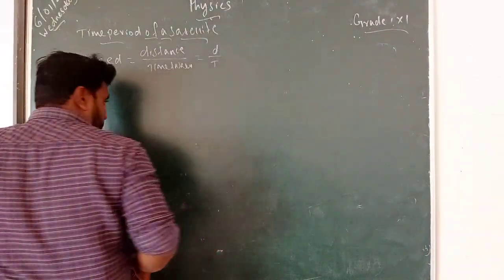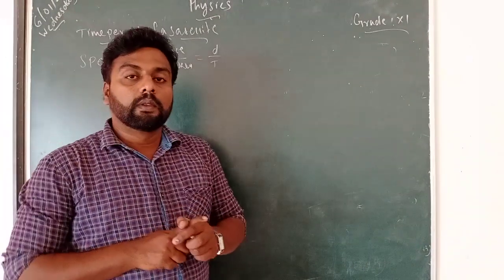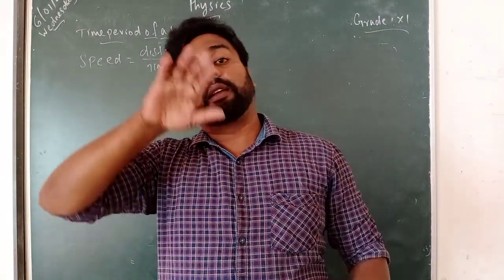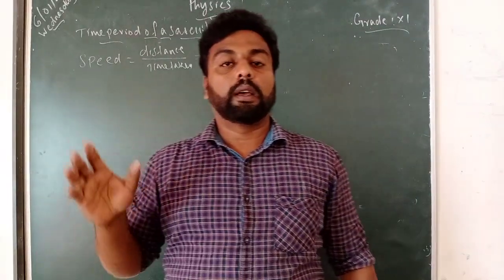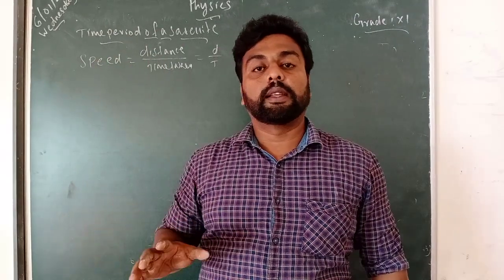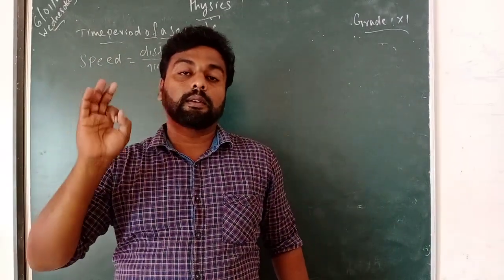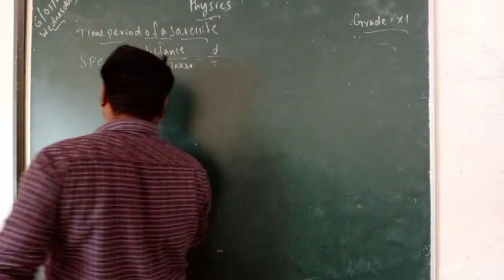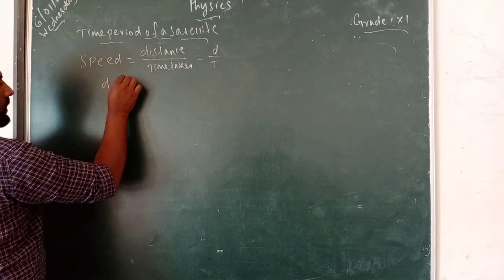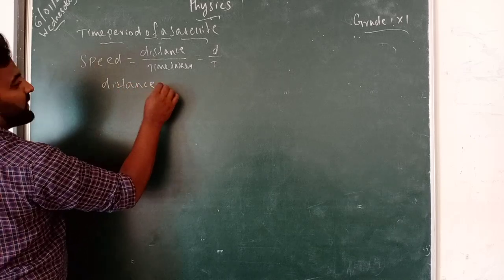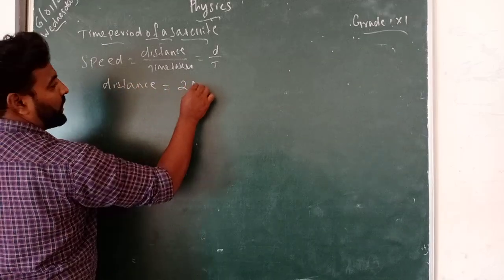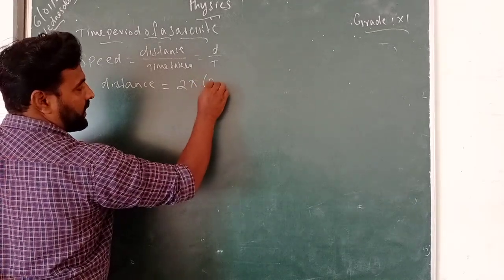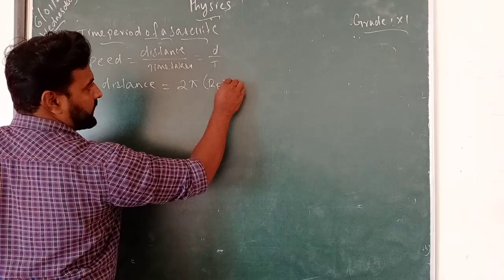So what is the distance traveled by this satellite in one full rotation? We know that the circumference of a circle is 2 pi r, and one rotation equals the circumference. So the distance we can take as 2 pi r, here r e plus h.